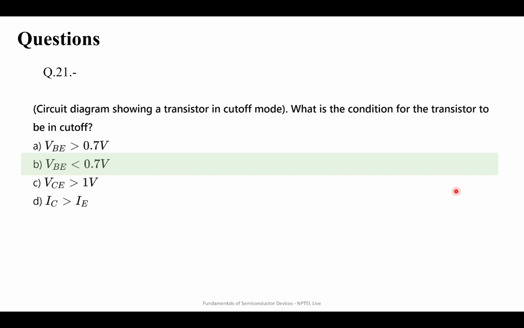Your base emitter junction will then be forward biased, and only then will it show current at the collector region, and your device will act as a closed switch. That will start conducting current.